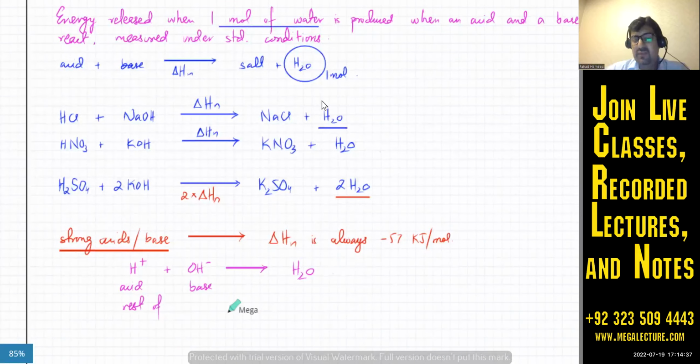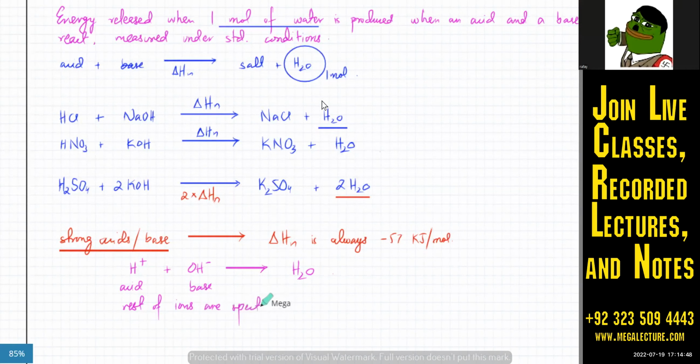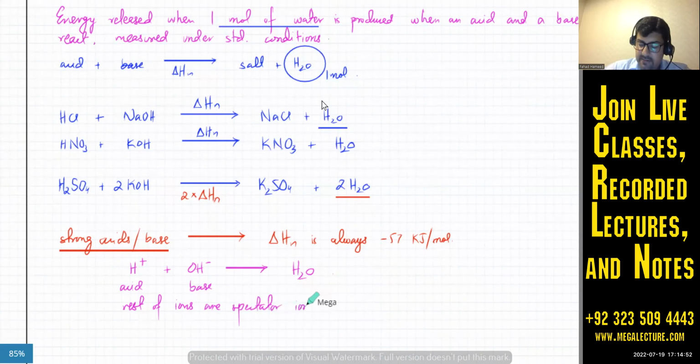So whether you use NaOH or you use KOH, it's the same thing. Is this clear? Yes, miss. The rest of the ions are spectator ions, and so it doesn't matter, NaOH, KOH, as long as it produces OH ions. And the overall ionic equation is this one, the one that's in front of you.